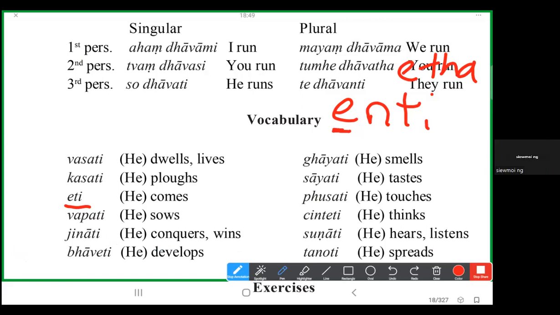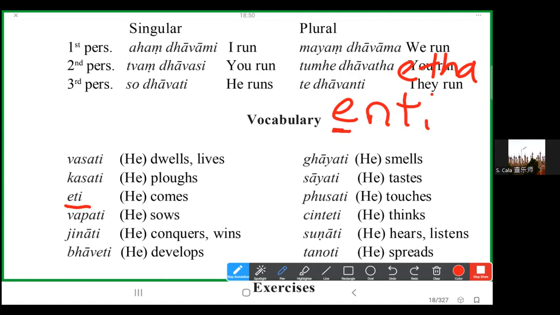Tuam esi. Tumhe eta. Aham emi. Mayam ema.